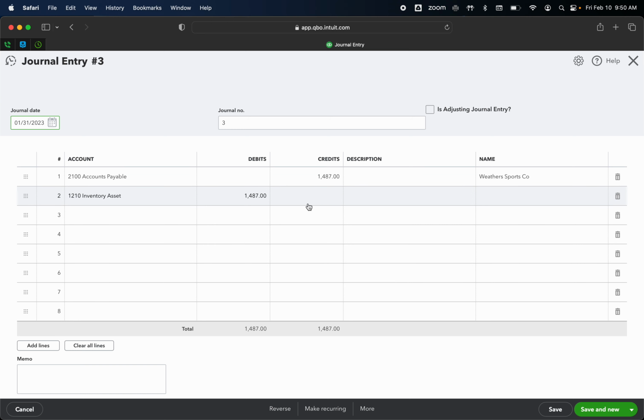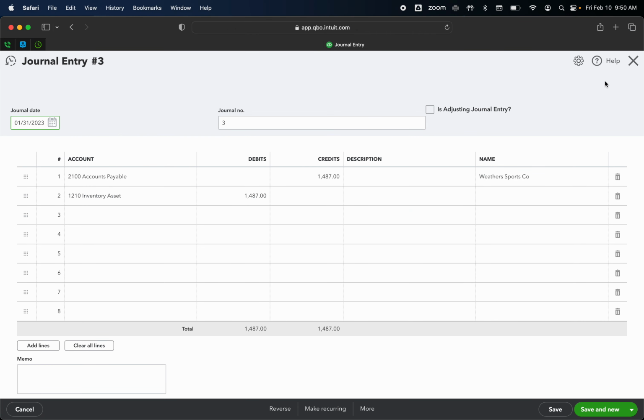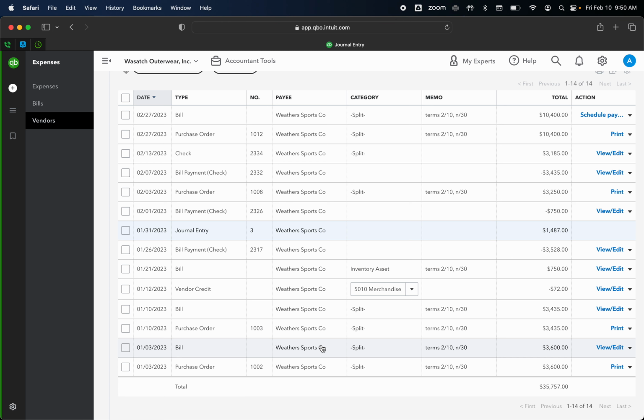Accounts payable, the inventory asset. It just says inventory asset, and you're just touching the general ledger and not affecting the actual inventory numbers by this. So go back, audit Weather Sports transactions for January 1st to correct this 1487.